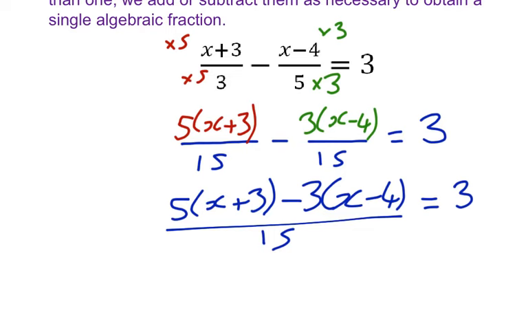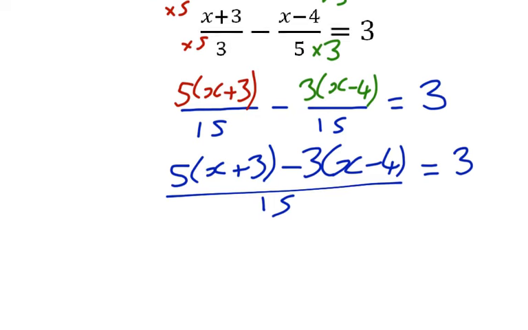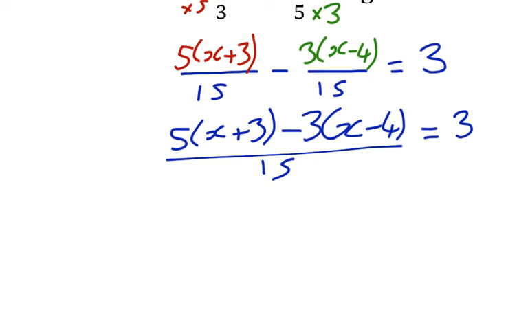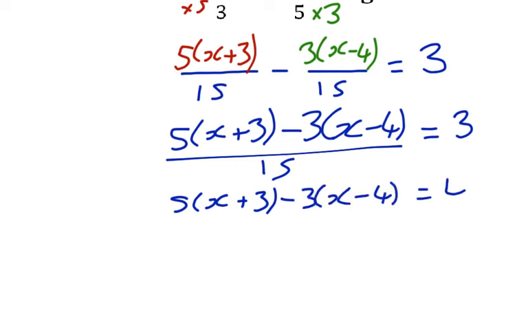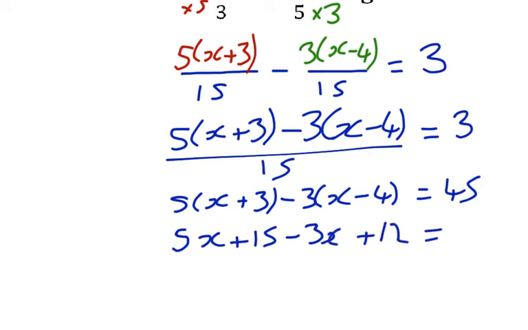Again, we can either simplify or get rid of the fraction first, it doesn't matter which. I'm going to get rid of the fraction, which gives us 5(x + 3) - 3(x - 4) equals 45. Expanding the brackets, we get 5x + 15 - 3x + 12 equals 45.